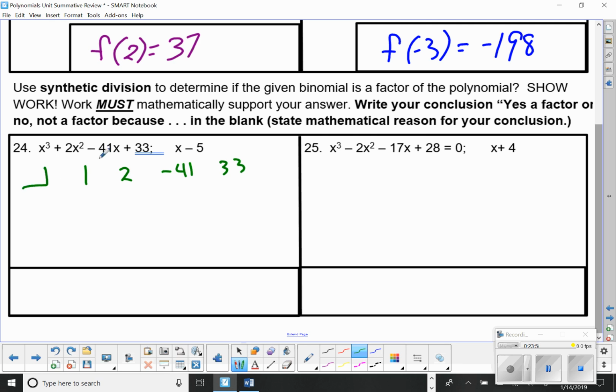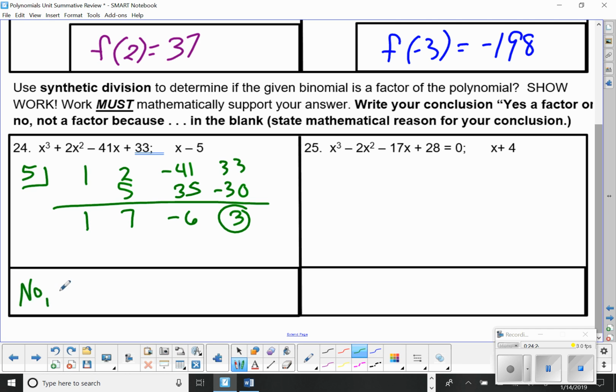Since this is x minus 5, positive 5 goes in the seat. The 1 comes down. 5 times 1 is 5. 2 plus 5 is 7. 5 times 7 is 35. Negative 41 plus 35 is negative 6. 5 times negative 6 is negative 30 here.